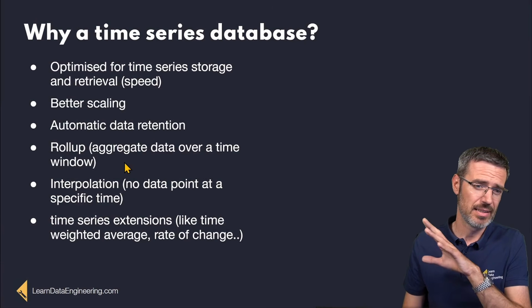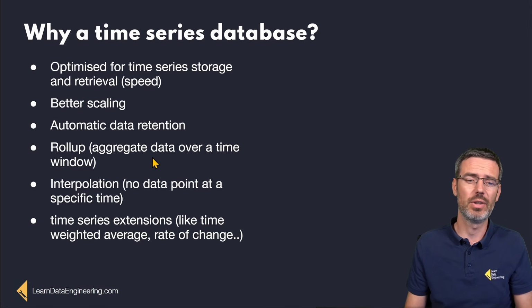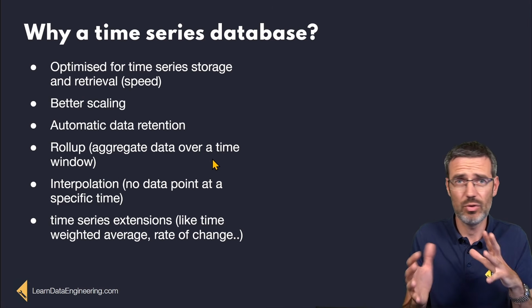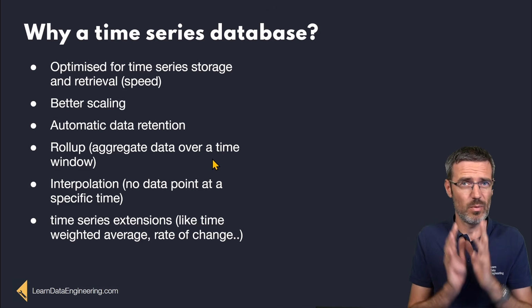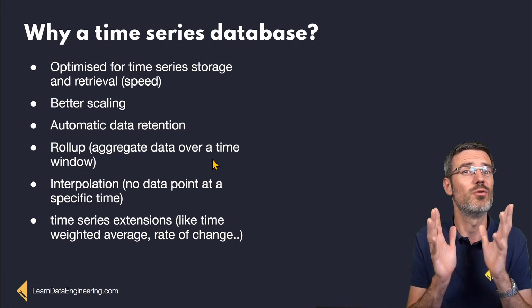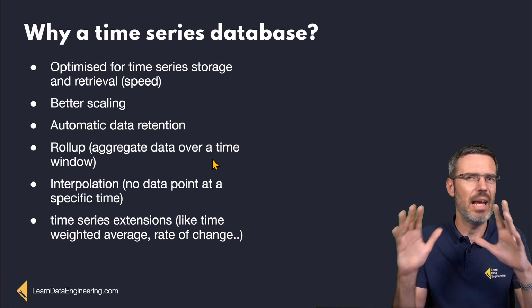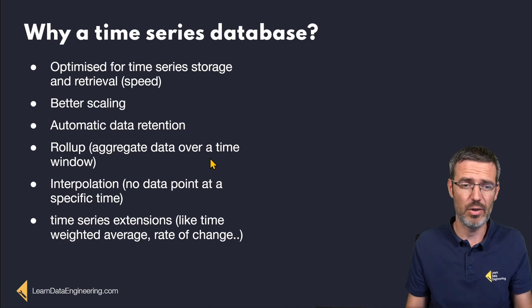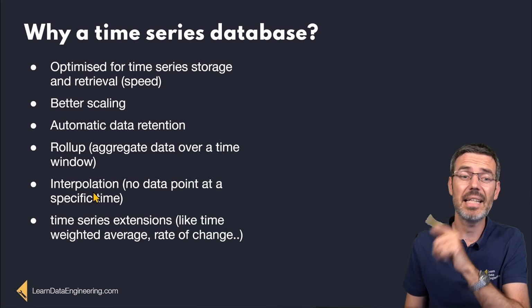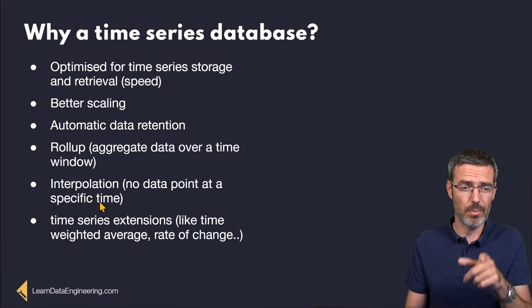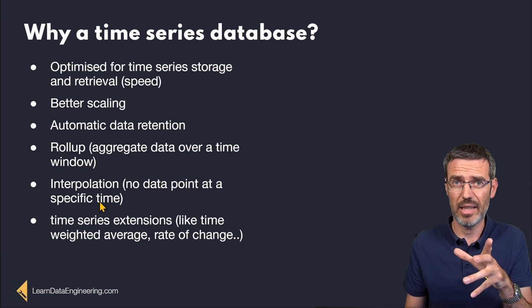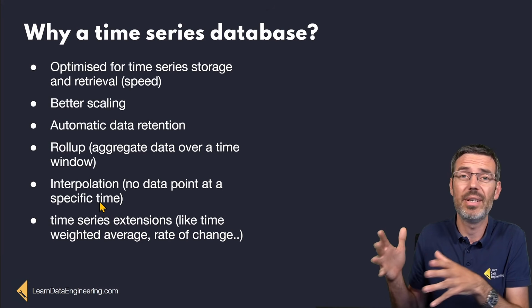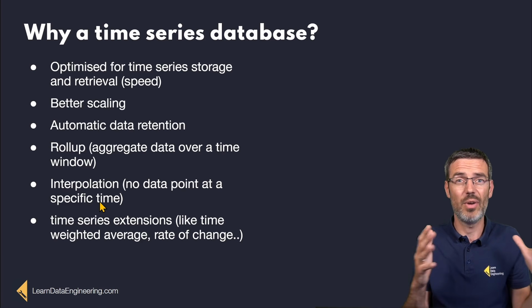Then you have something like rollup, where you aggregate over data, where you use time windowing, which is with a normal relational database very difficult. With these, everything is built in. So very nice. Some databases like TDengine can also do interpolation, which actually creates data points where there is no data point. Pretty clever, because you have the time, right?